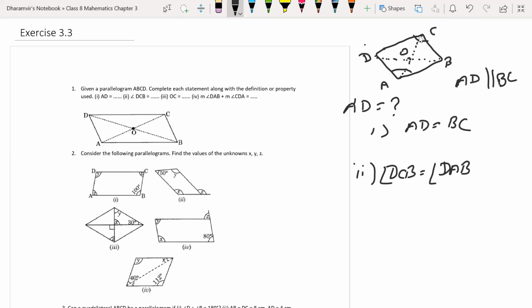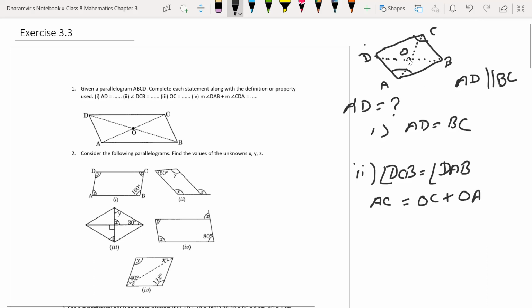Here the diagonal is AC, which is OC plus OA.